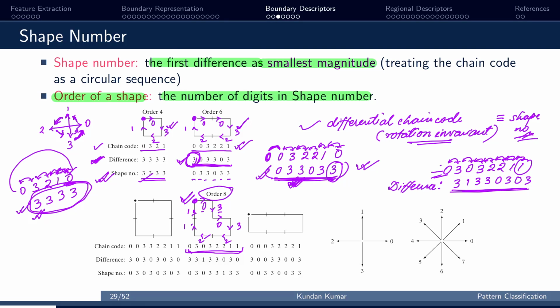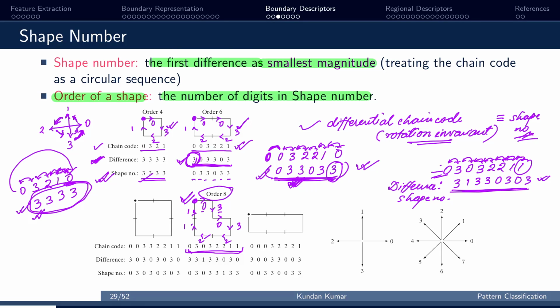Okay. Now we have to convert this difference to shape number. So what is the smallest number we can generate from these digits in the circular sequence? You can guess that the number will be smallest only when the smallest digit is at the most significant bit.